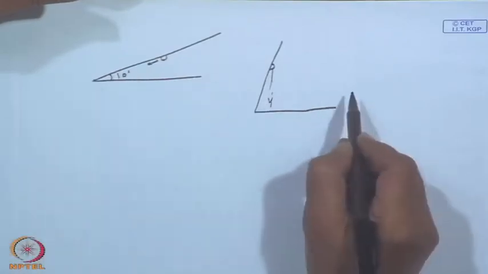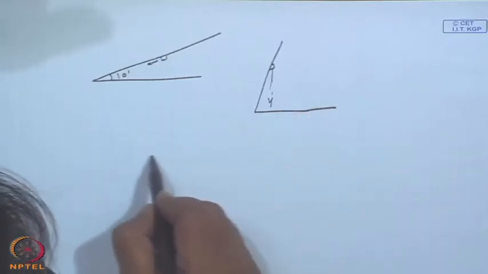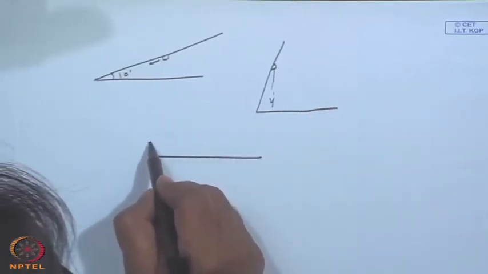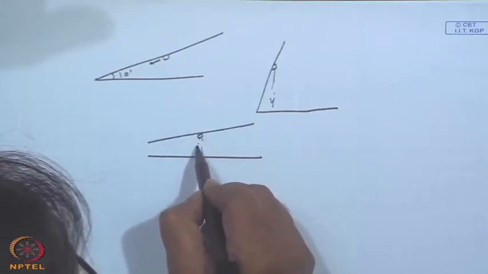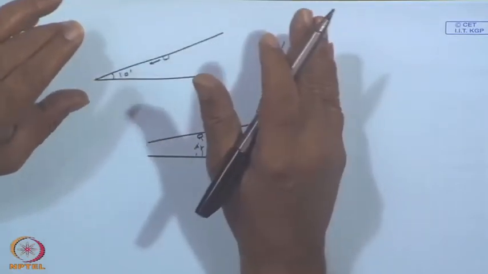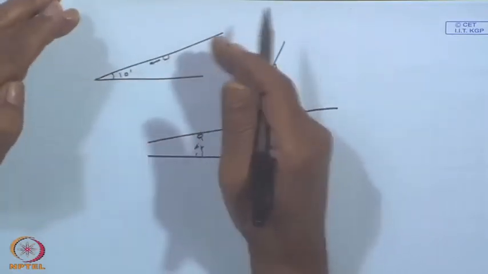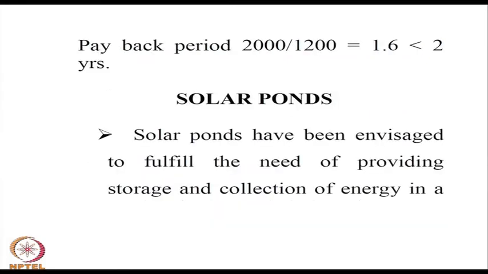And if it is almost horizontal, definitely it will condense and it will fall back. So, if you are almost, okay, something like this, it will condense and then come back. Okay. So, this 10 degree is based upon the surface tension of the water, and the experience has been found to be quite acceptable. So, this is what I have done. So, less than 2 years.